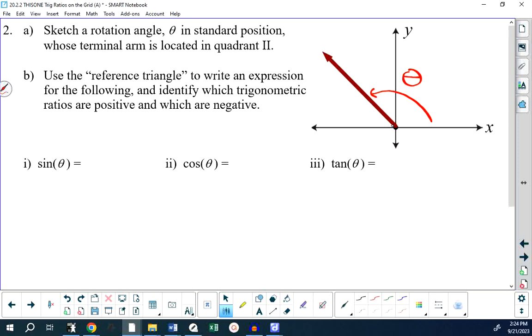What does that mean? Well, first of all, we have to put a point on here. The point is at x comma y. X happens to be negative, but it's still at x comma y. The reference triangle is this triangle because it contains the reference angle.